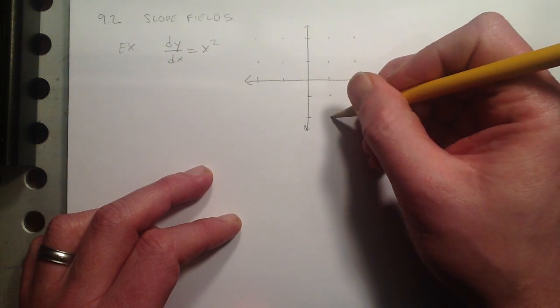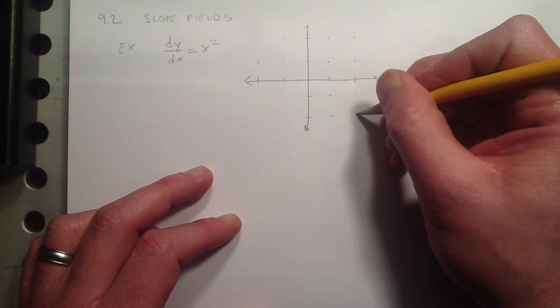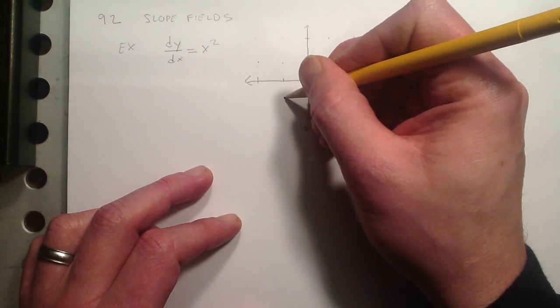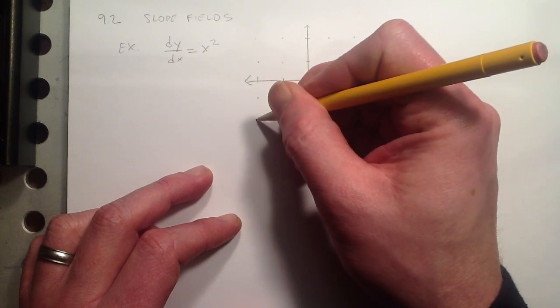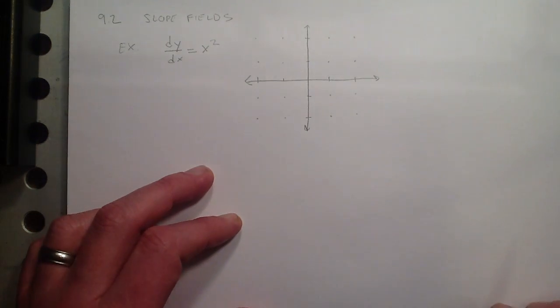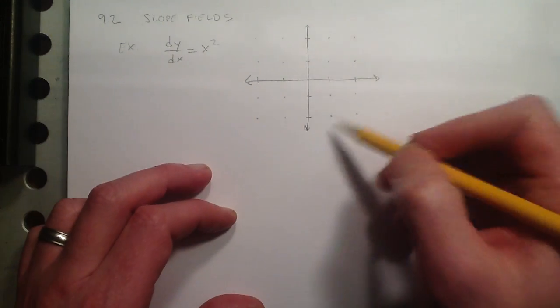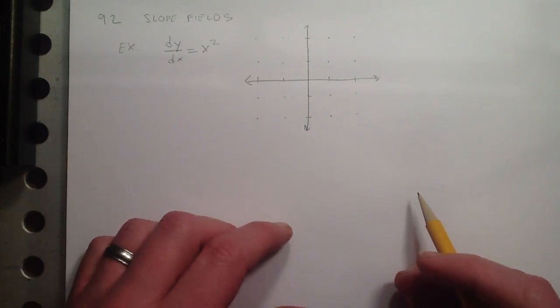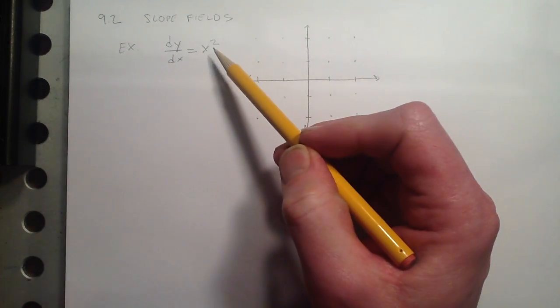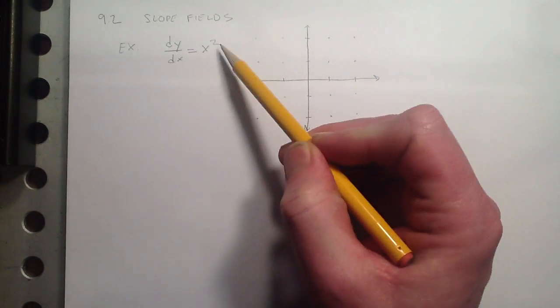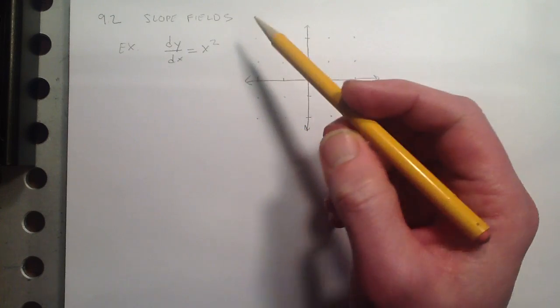And when you do this, we usually put little dots at all of the quote-unquote nice points. So there's a little -2 to 2, -2 to 2 window. Okay, so this differential equation only depends on x values.